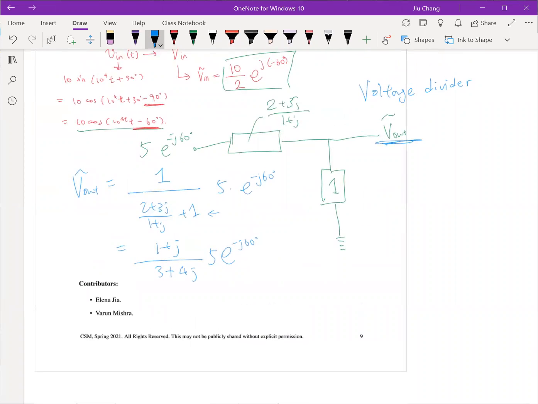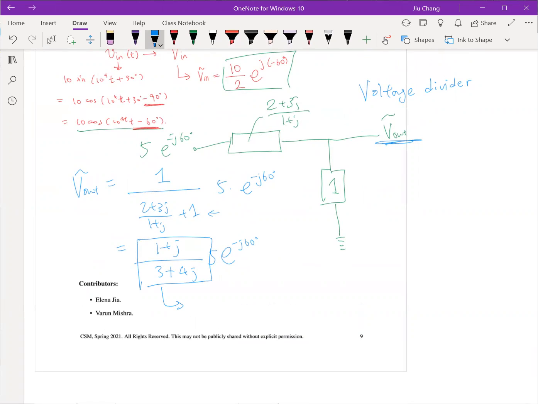And now we want to multiply the rectangular form by the polar form. So we probably want to convert the rectangular form into a polar form.